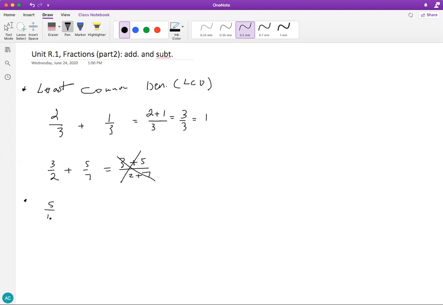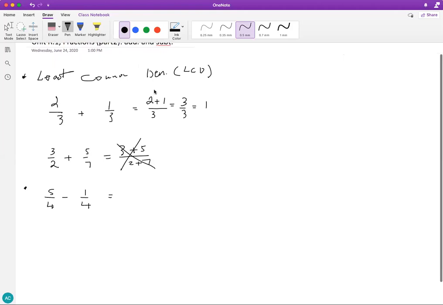Say 5/4 minus 1/4, for instance. Can we subtract these two fractions right away? Yes, the denominator will stay the same, and for the top, it should be 4, because 5 minus 1 equals 4.